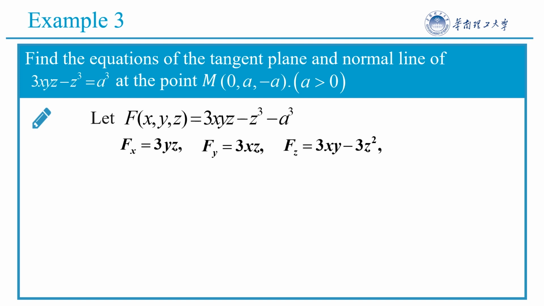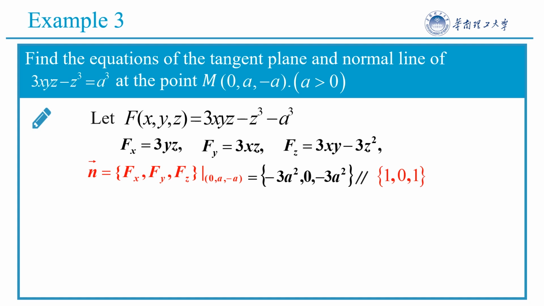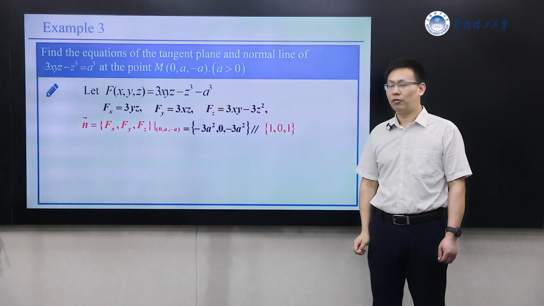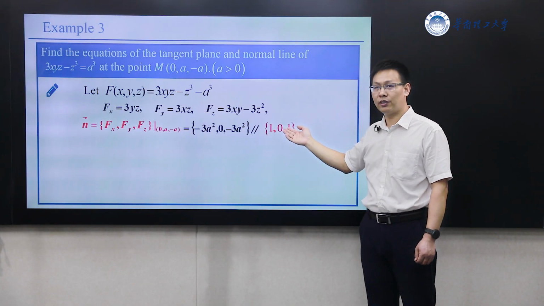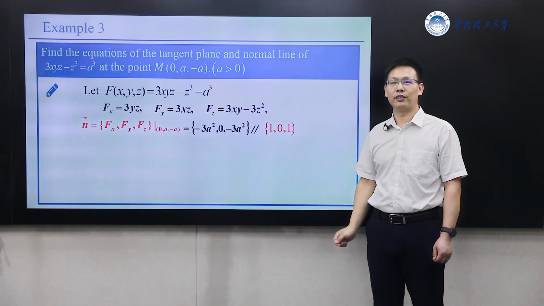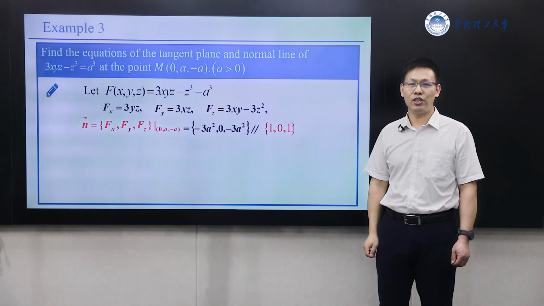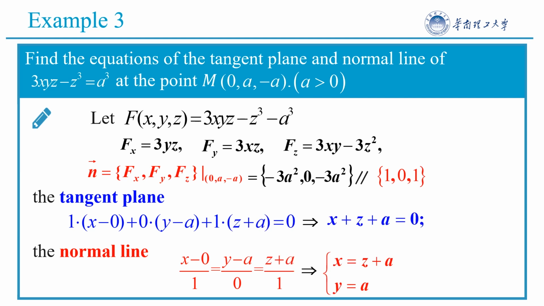So, the normal vector n at the point M is this vector, which is parallel to the vector (1, 0, 1). So, we can choose this vector as the normal vector. Therefore, the equations of the tangent plane and the normal line are as follows.